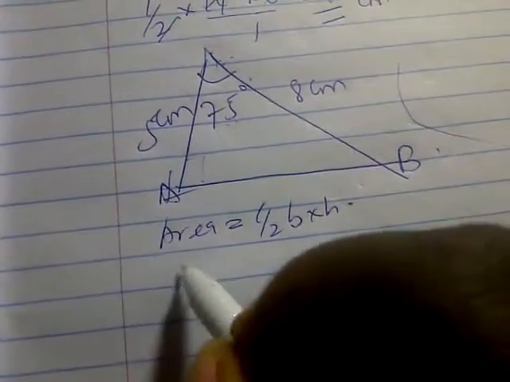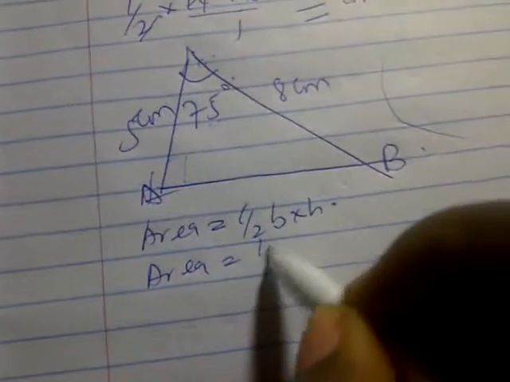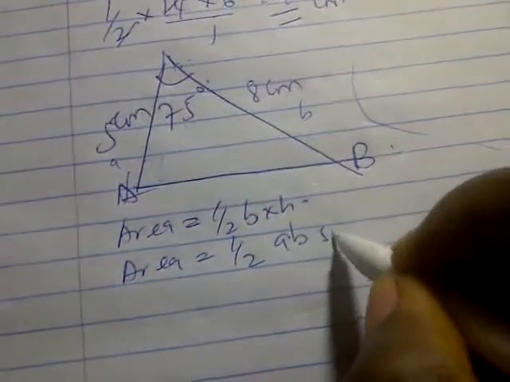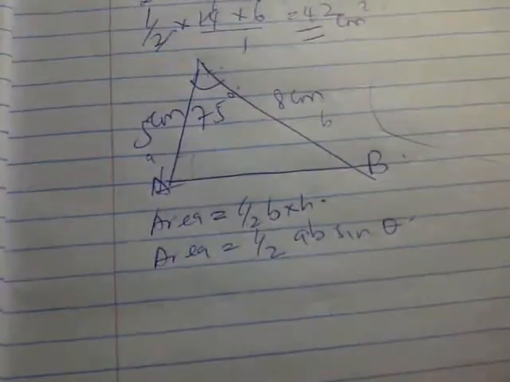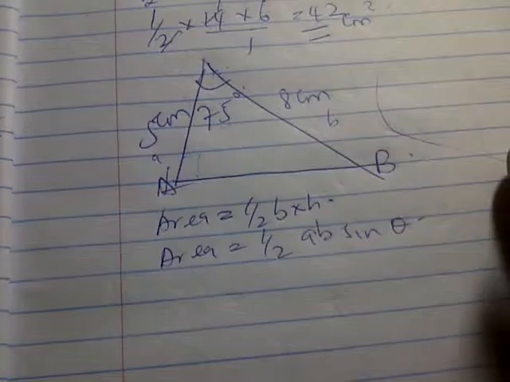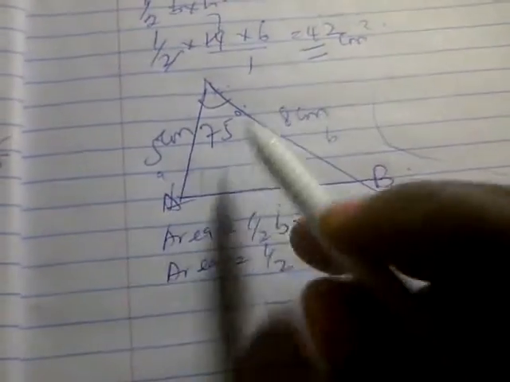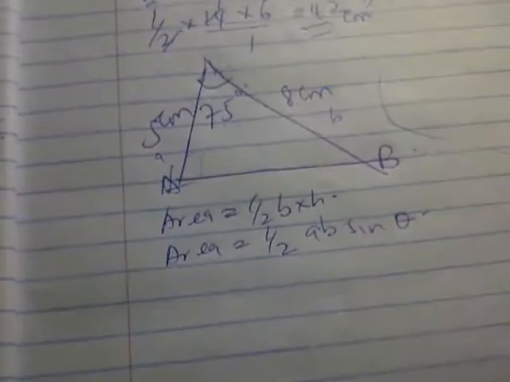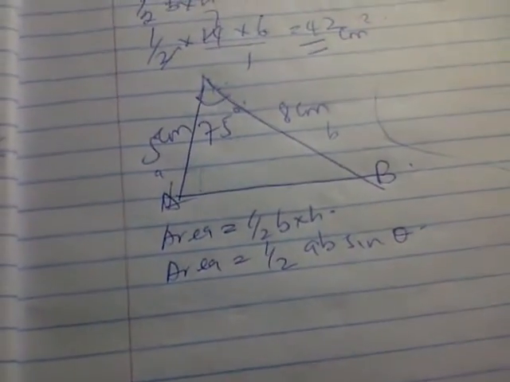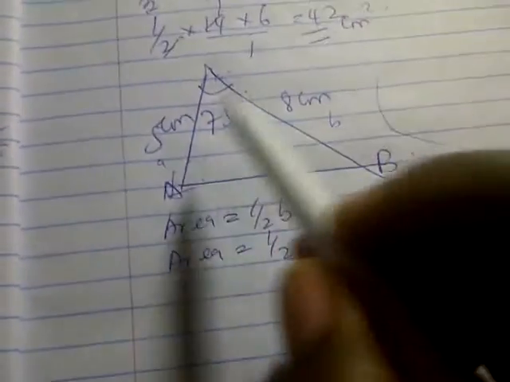We normally call this A and this B, so area equals half AB sine theta. So in case you're given any question on area of a triangle with two sides and one angle, just use this formula, because that's the basic formula you use for all such questions.